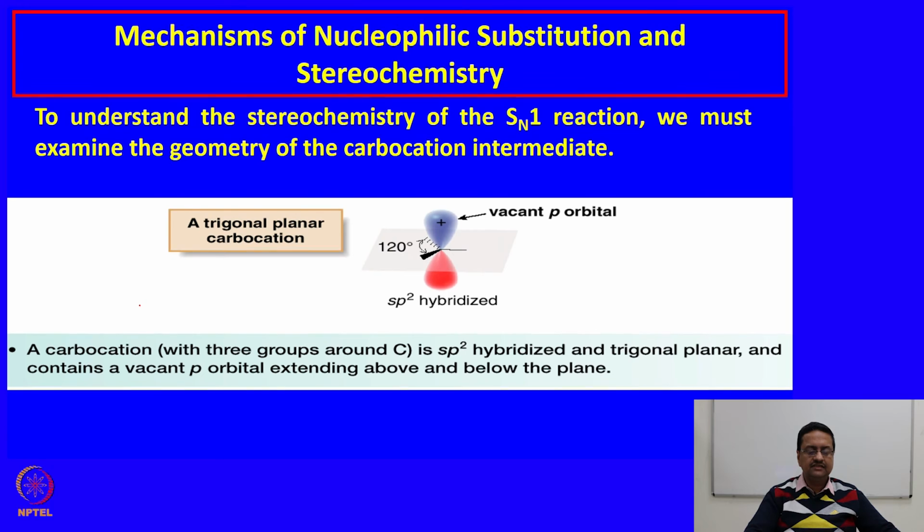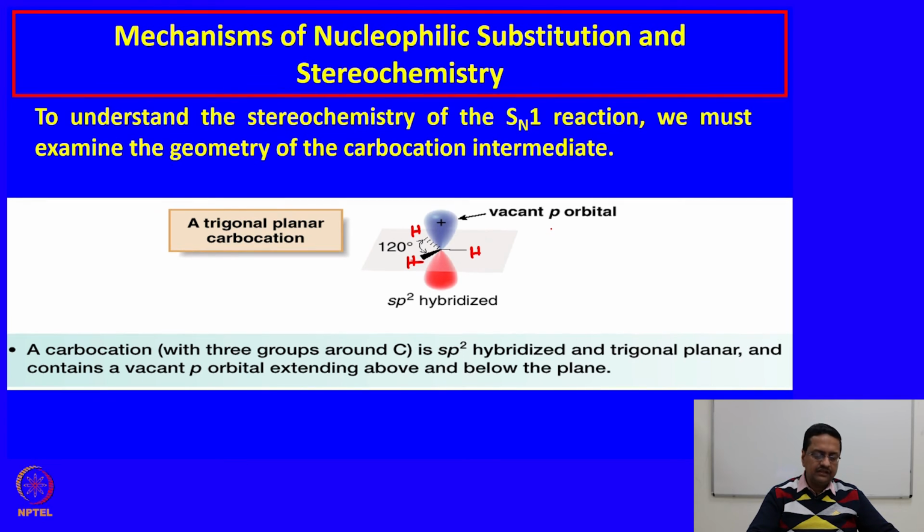Now, to understand the stereochemistry of the SN1 reaction, we must examine the geometry of the carbocation intermediate. The carbocation intermediate has a planar trigonal geometry having 3 bonds like that, and we have a vacant p orbital.